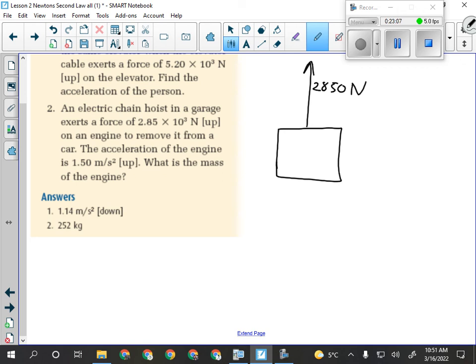This is lifting an engine out of a car. The acceleration of the engine is 1.5 meters per second squared up. What's the mass of the engine? Does it seem like they give me very much information?